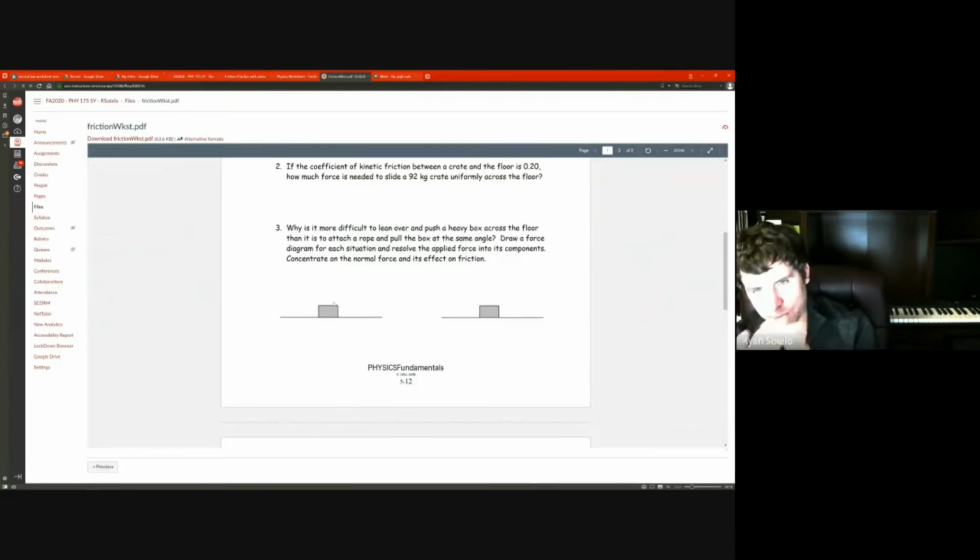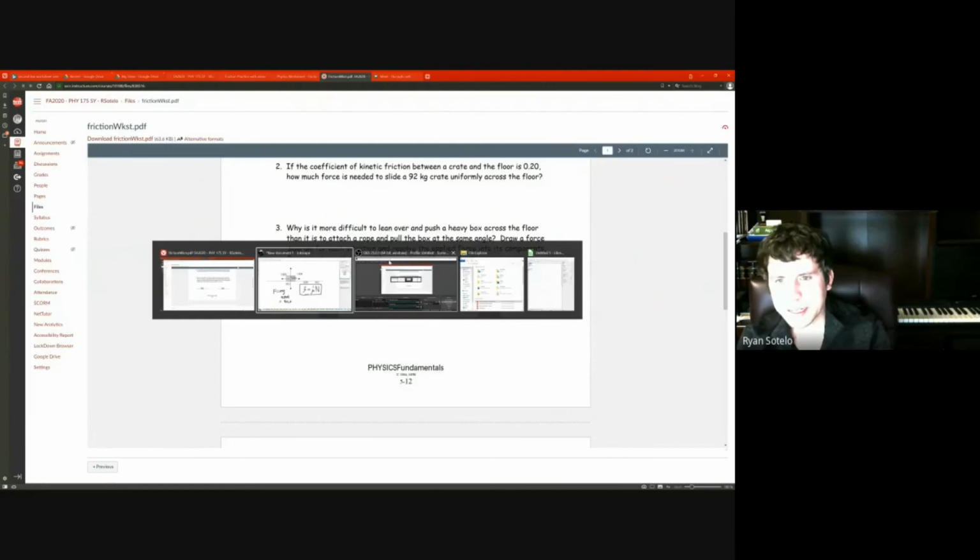Why is it harder to push the box than to pull it? And they want us to draw a force diagram for each situation and turn the force vector into its component parts, a vertical part and a horizontal part. And then they want us to think about the normal force. Any ideas before we start that one?